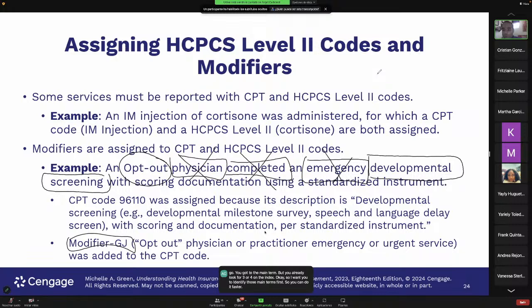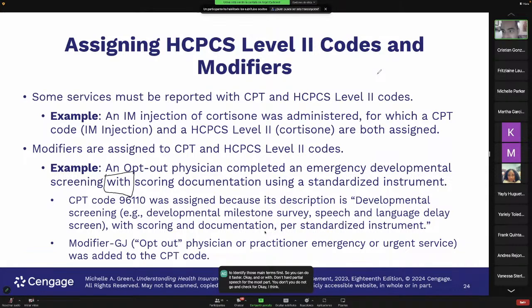Okay? And or with, those are parts of speech for the most part. You do not go and check for, okay, I think with is a really important word. It is, but it's not one that you're going to be able to get from the index and follow something else. Like standardized instrument.